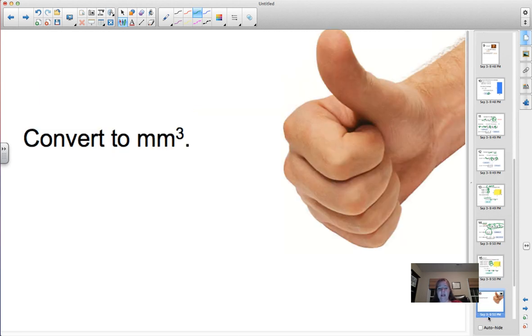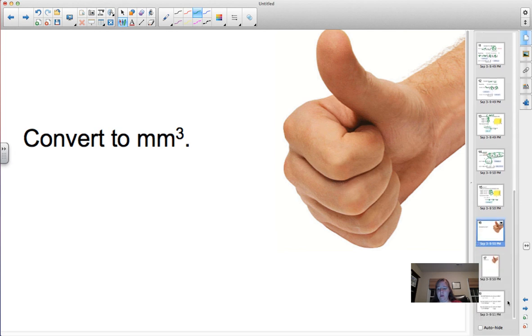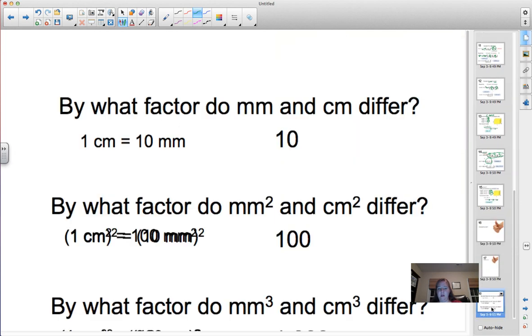Okay, here's our last one. We're going to convert to millimeters cubed. And as just a sum up here, we know that millimeters and centimeters differ by a factor of 10. There's 10 millimeters to every centimeter. And by what factor do millimeters squared and centimeters squared differ?